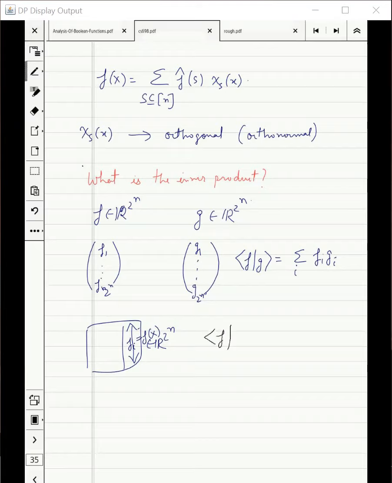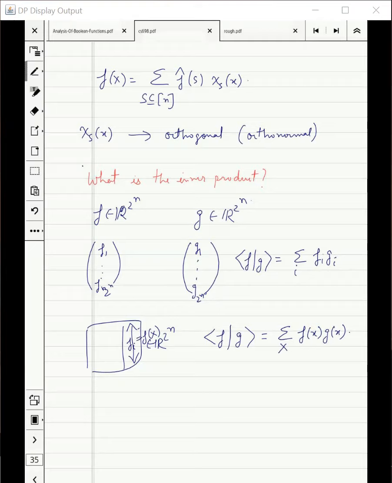This gives me the idea that my inner product of f and g should be the summation over x of f(x) g(x). Sounds good?